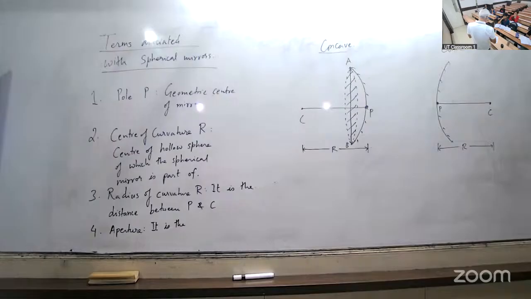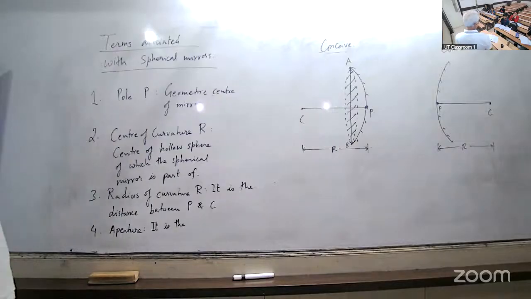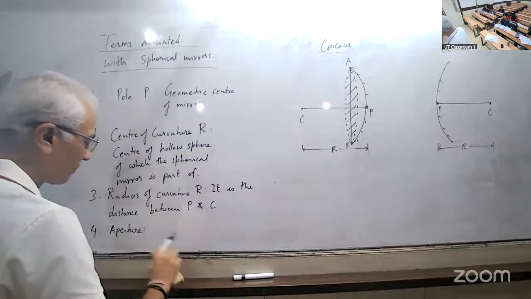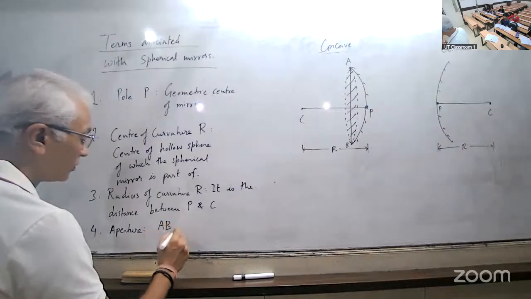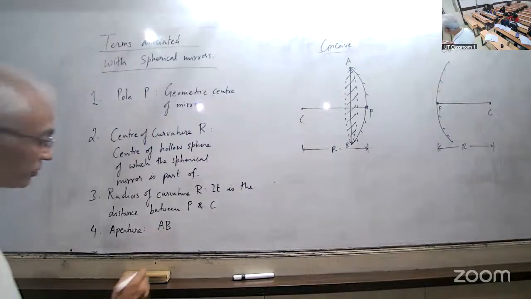Thus, it is the surface of the mirror from which reflection occurs. Only the first part is good enough. So in this case, it is AB.